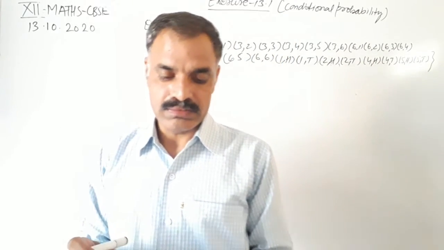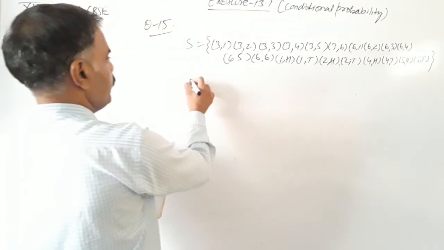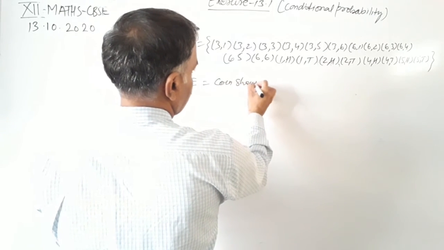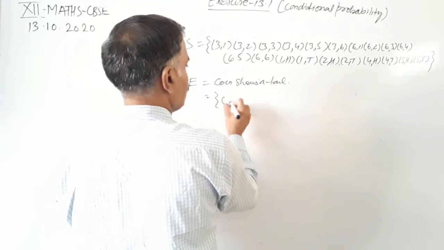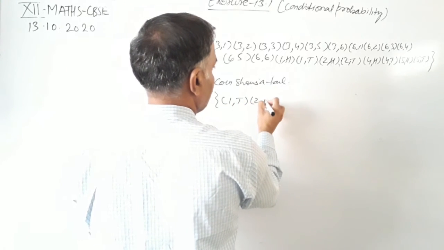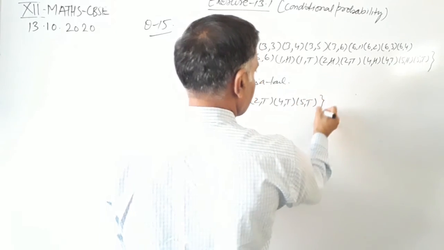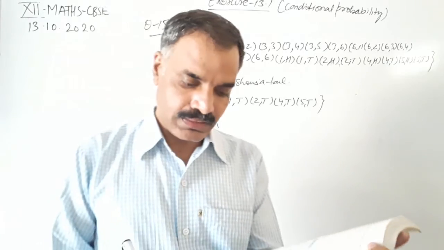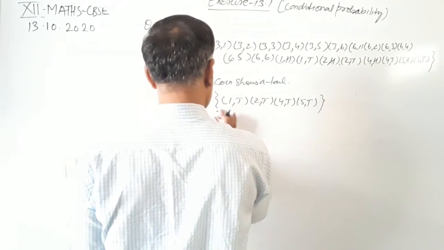Now find the conditional probability of the event E, the coin shows a tail. So tail means 1 tail, 2 tail, 4 tail and 5 tail. And F is given as at least one die shows 3.